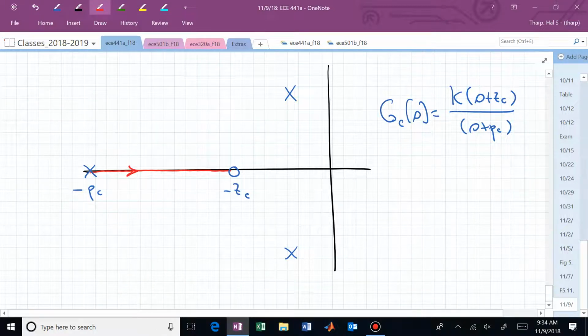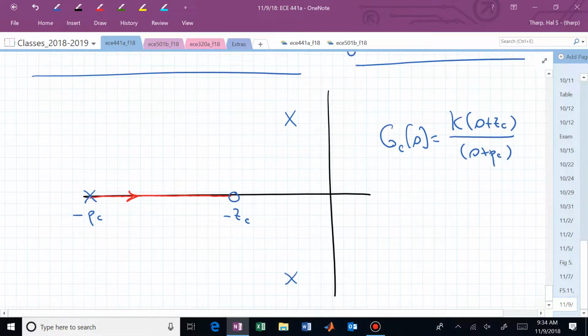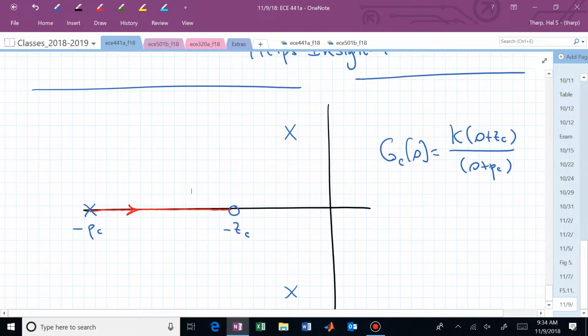That pole's going to go over there. And depending on how far apart those poles and zeros are, you could have several different scenarios. If you really push the pole out, you might be able to do this and then things would break away. We're not going to push that pole that far.